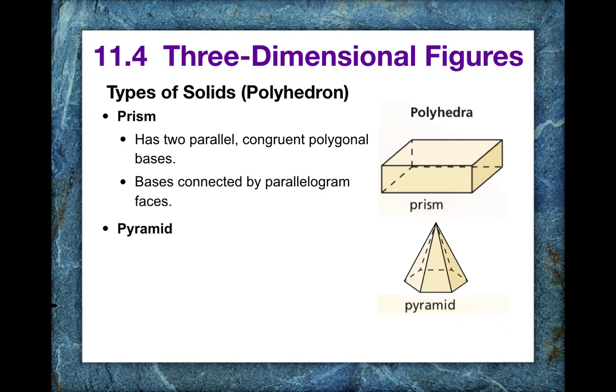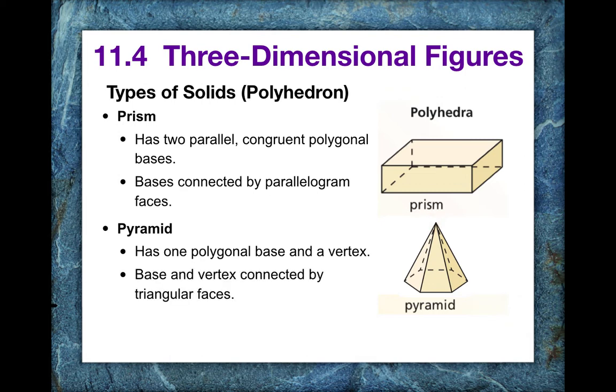Pyramids, on the other hand, have one polygonal face, and that's at the bottom here, and it has a vertex at the top. The base and the vertex are connected by triangular faces, so you can see the triangles at each one of these faces.